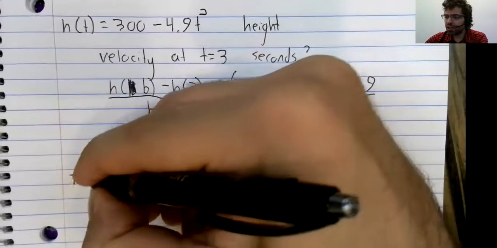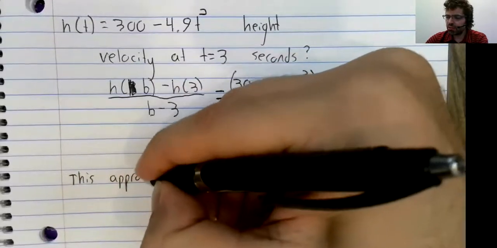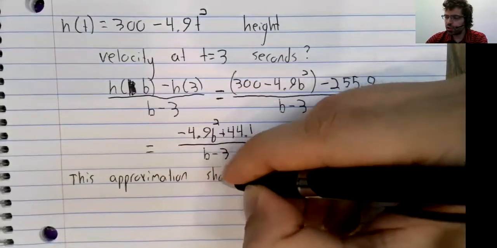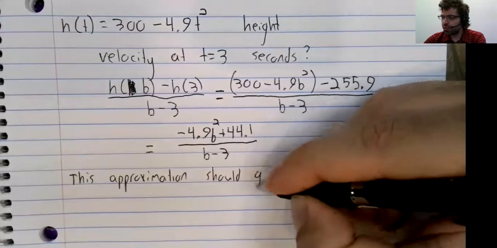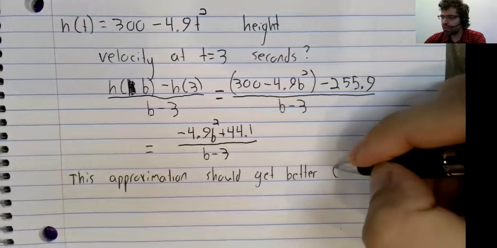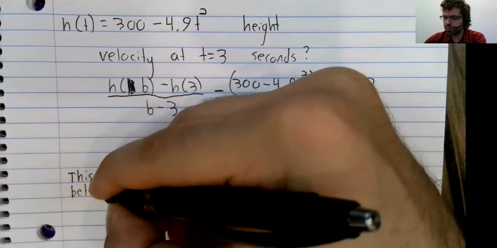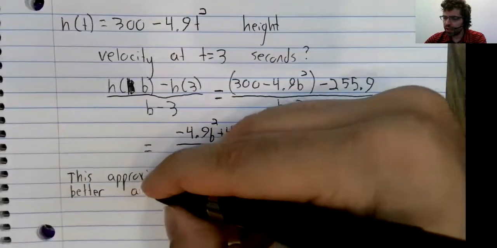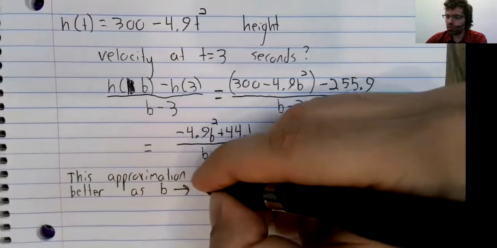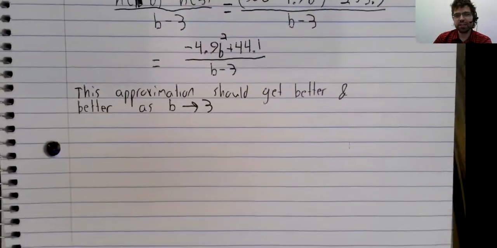And finally, we made the observation that this approximation should get better and better as b gets closer and closer to 3.